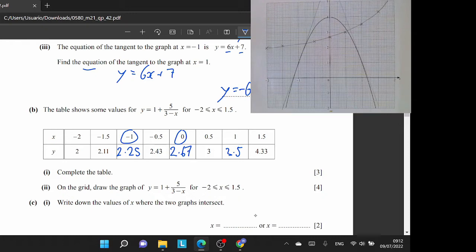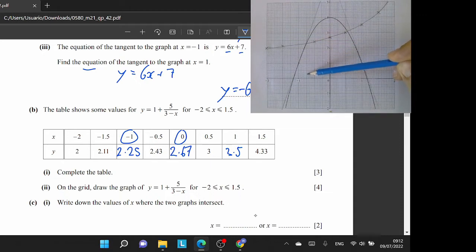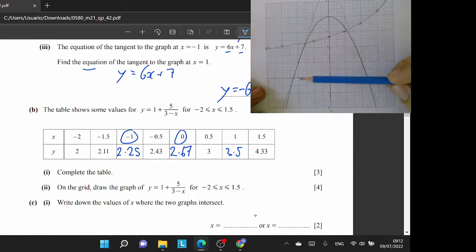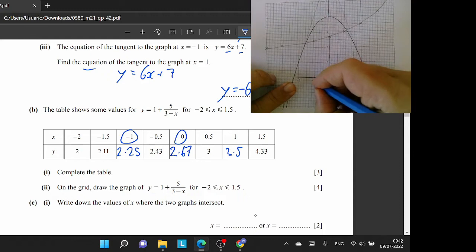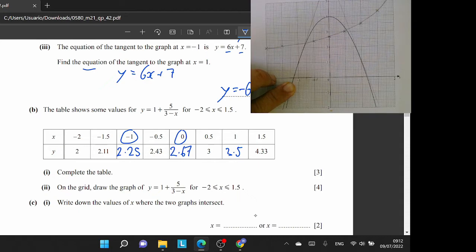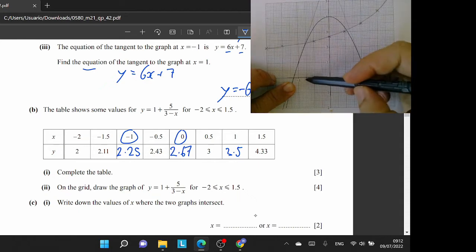Write down the values of x where the two graphs intercept. There's the first one. We go down there. Okay. Minus 1 is there. Negative 0.5. So it's in between those two. Mine would be exactly halfway.